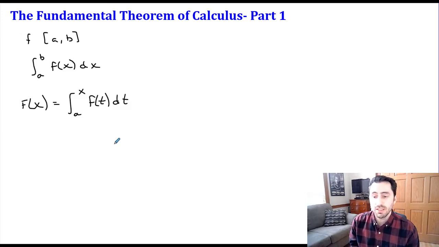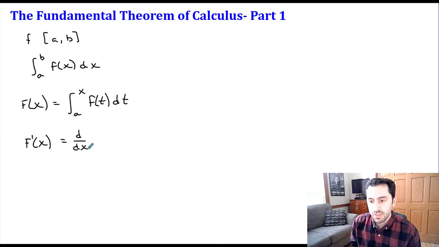And now we're going to continue on by saying that we want to find the derivative of capital F of x. So in other words, we're going to do d over dx of this integral that we just defined earlier, the integral from a to x of f of t dt.